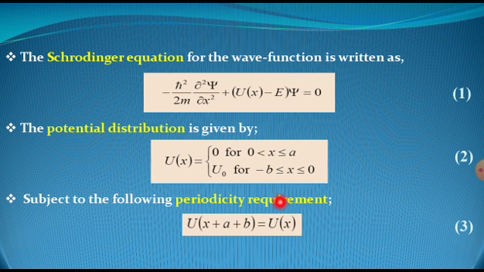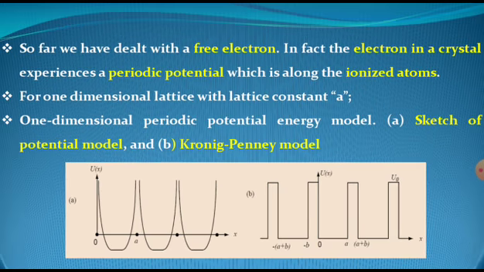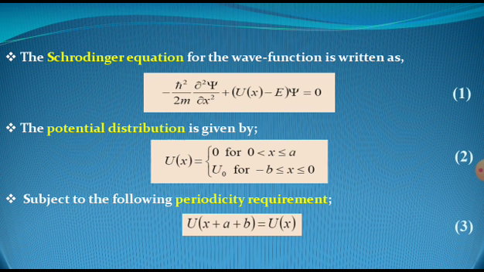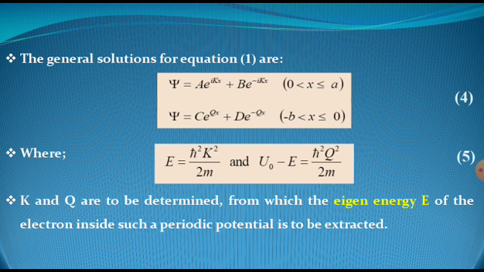This is subject to the following periodicity requirement: U(x plus a plus b), that means this position plus a plus b, gives you the total potential energy, because the electron is traveling through lattice a and then to point b. So this is the final position, which is equation number 3.